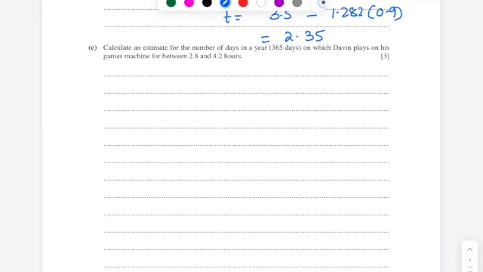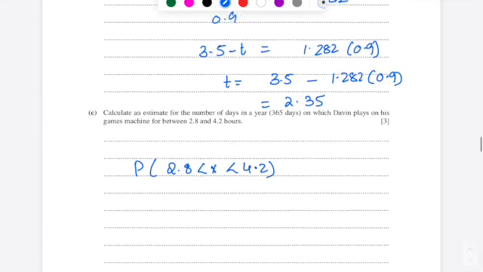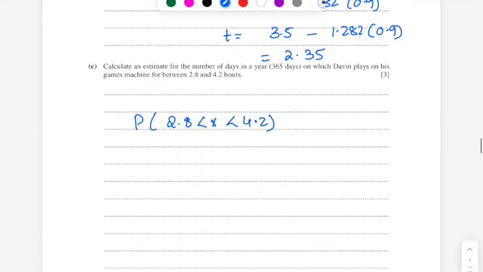Calculate the estimate for the number of days in a year, 365, on which Devin plays on his game machine between 2.8 and 4.2 hours. So probability of x lies between 2.8 and 4.2. What is the mean? Mean is 3.5.